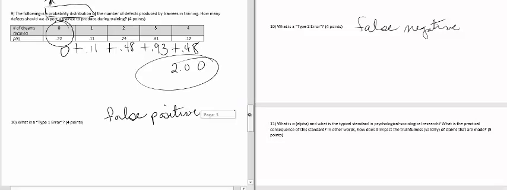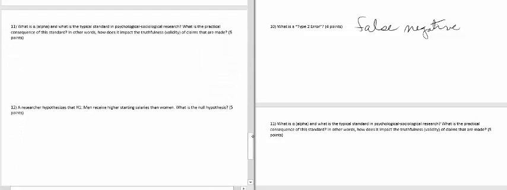And that takes us to 11. What is alpha and what is a typical standard? This is hypothesis testing again. In psychological, sociological research, what is the practical consequence of this standard? Look, it's easy to take a course like this and see questions with numbers all over the place and say, this is what I have to learn how to do. This is what's going to drive me crazy. Let me caution you. You can do all kinds of calculations.